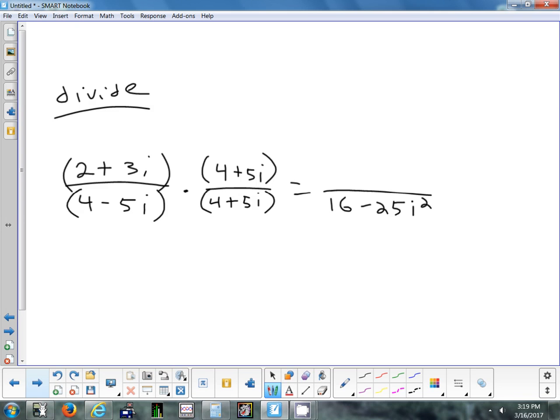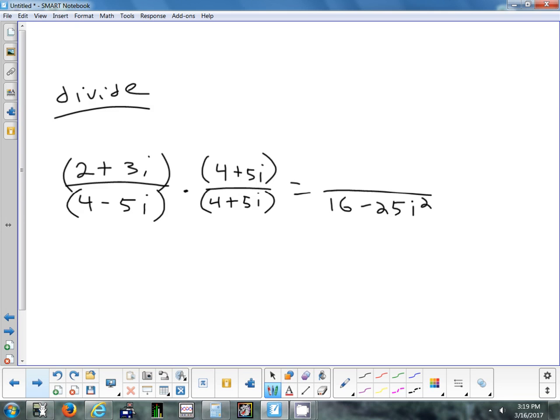Isn't it 26? No. Isn't i squared negative 1? Yes. So it cancels and makes that plus 25, so 16 plus 25. So we can write that in the next step.